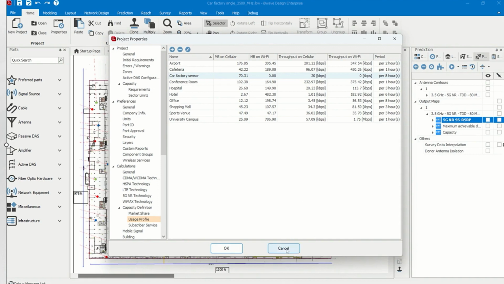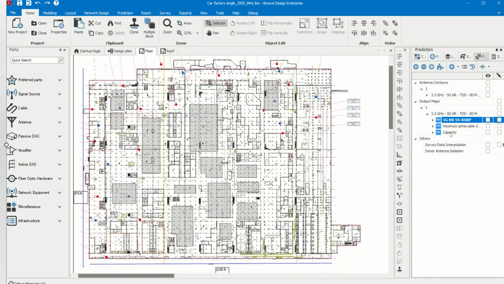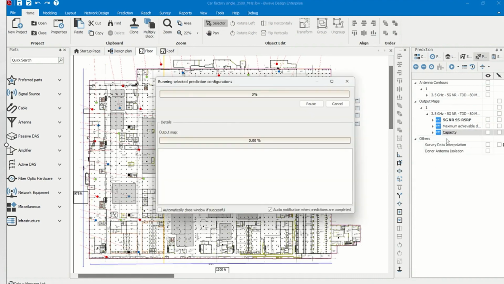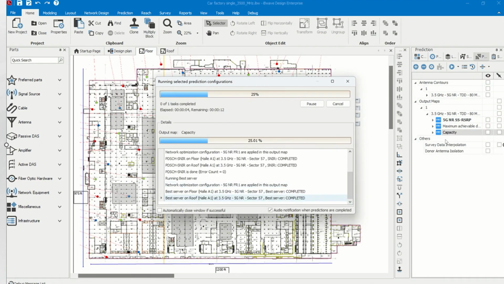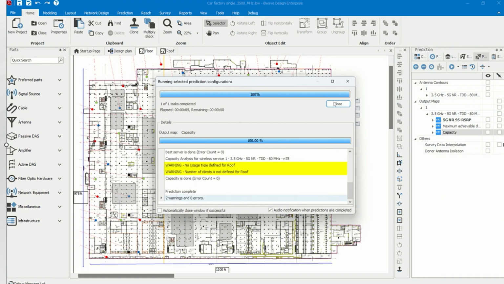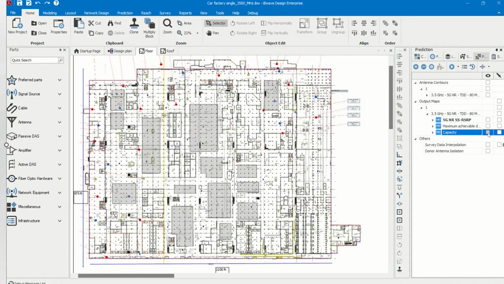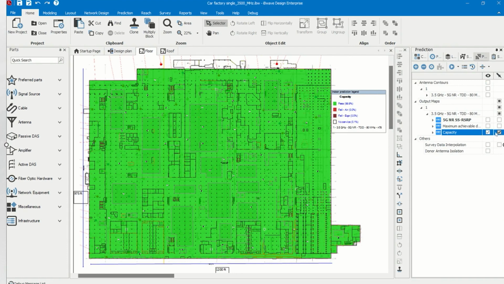So having said that, we run the capacity heat map, and what we are going to get after we complete is a map that will have either green, which means it passed, red, it failed due to the air interface, or dark red, it failed because there are too many connections requested.